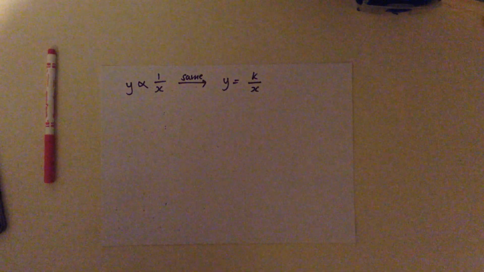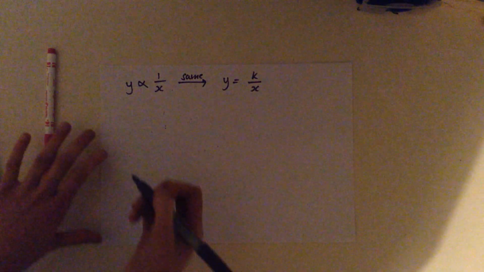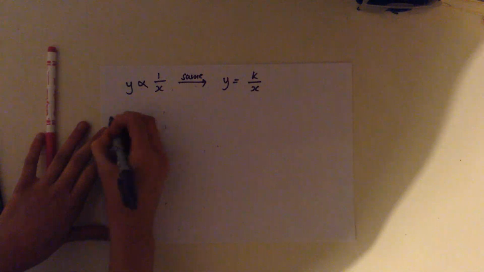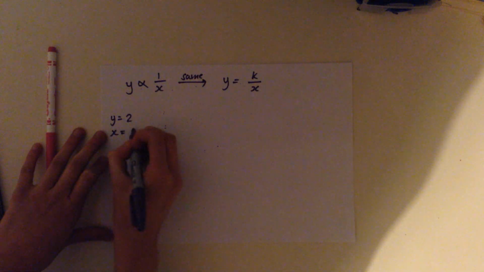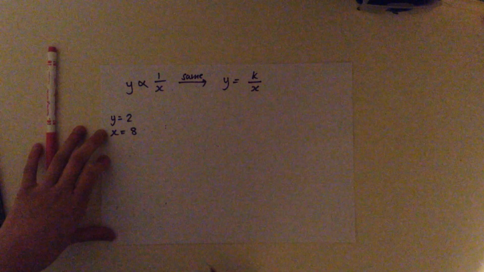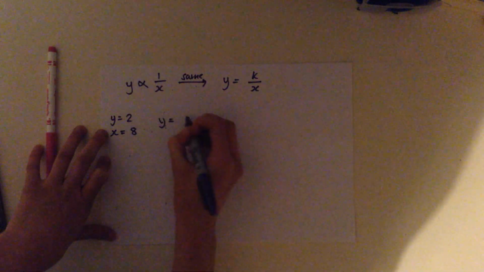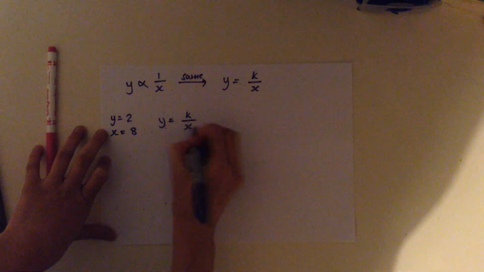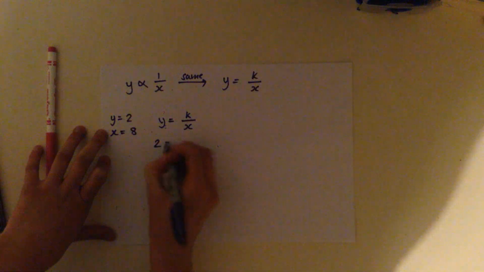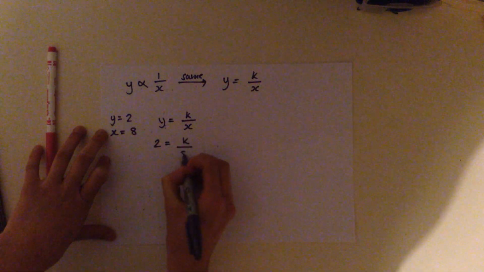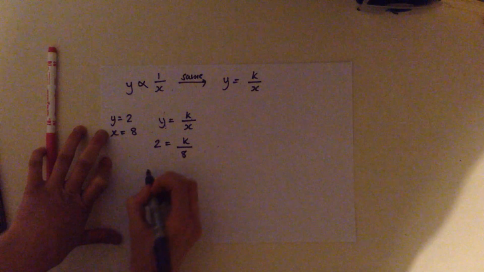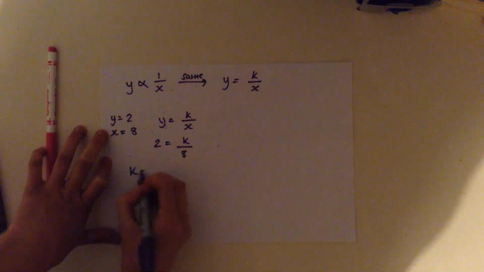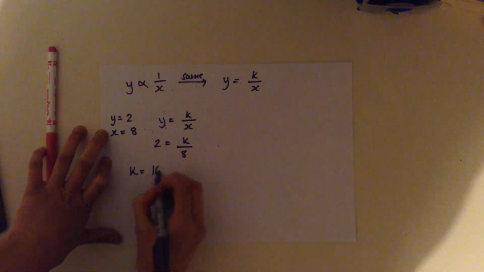So, let's say y is 2, and x is 8. So y equals k over x. We've got 2 equals k divided by 8. Rearrange this to find k first. So we're going to times those two numbers together. So k is 2 times 8, which is 16.